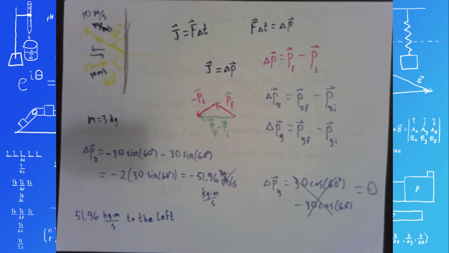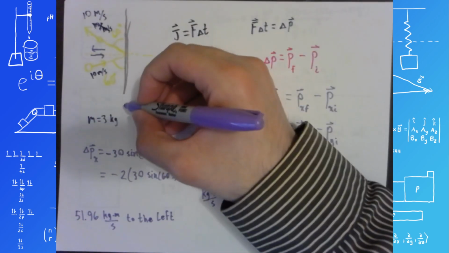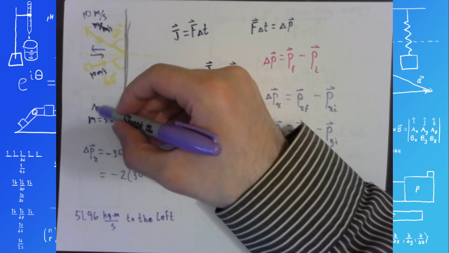Okay, but the original question was to calculate the average force exerted by the wall on the ball. And they said that the contact time with the wall was only 0.2 seconds, so that's our delta t.